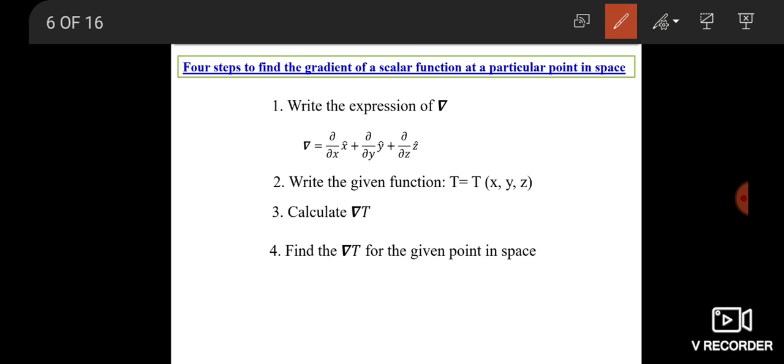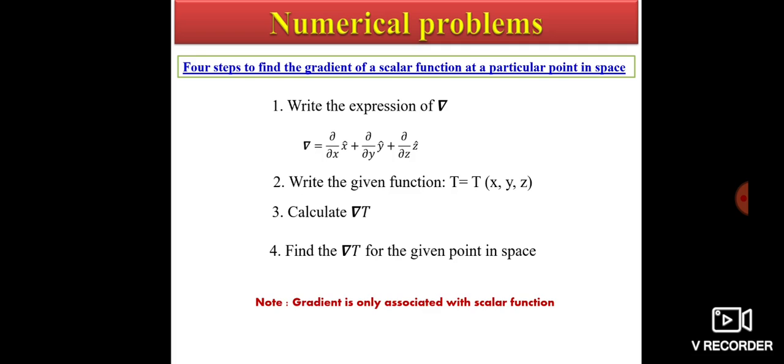Now let's take one example. Here it is asked to find the gradient of the following function, that is T(x, y, z), which is x square y cube z to the power 4, at the point (1, 1, 1). So what is the physical meaning of this problem?